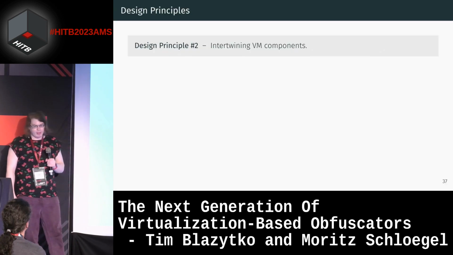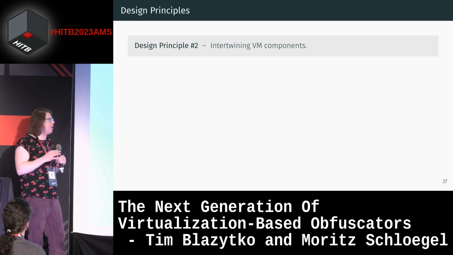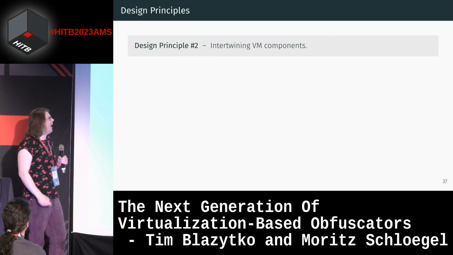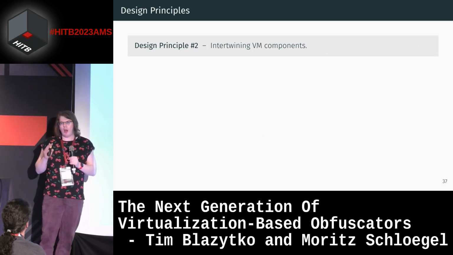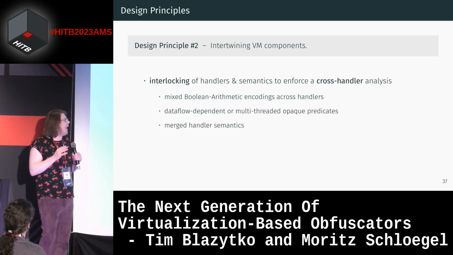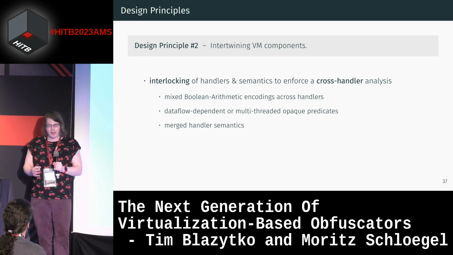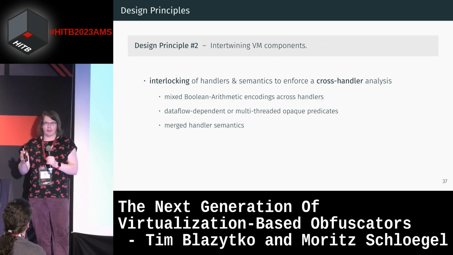The second one is that we combine or intertwine VM components. Meaning, instead of leaving everything local to the handler, we start interlocking handler semantics, such that we force an analyst to perform a cross-handler analysis.